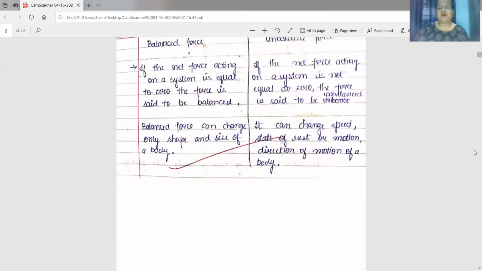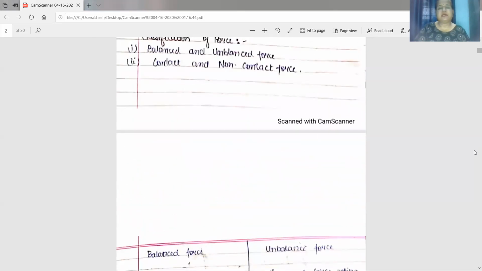Now we can classify force in another way also, that is contact and non-contact force. Contact force is the force which will produce its effect only when it comes into contact with the body. Just the opposite, non-contact force is the force which will produce its effect even from a distance without coming in contact with the body.